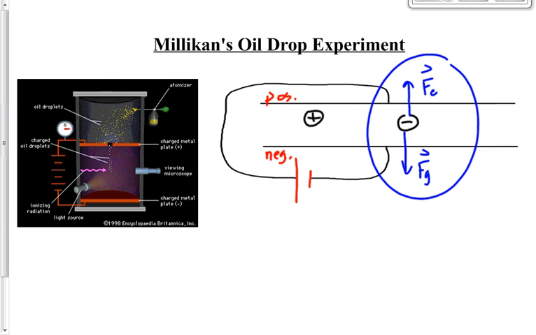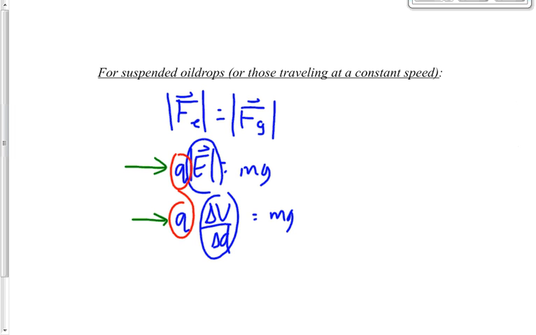So what do we do after we've found the charge of one of them? We repeat the experiment. We repeat it again, hundreds of times, so that we get the charge of hundreds of different oil drops. And what do we find?